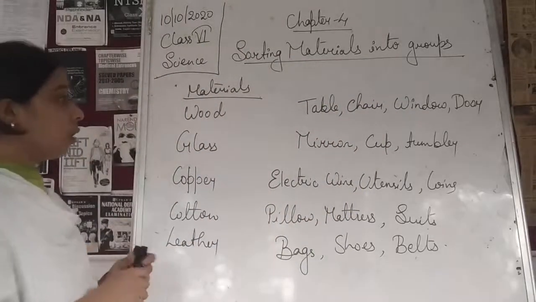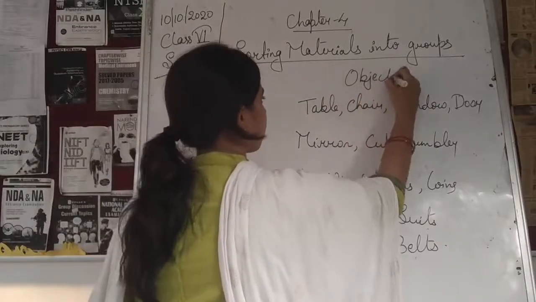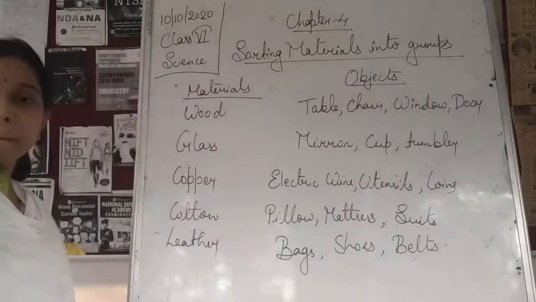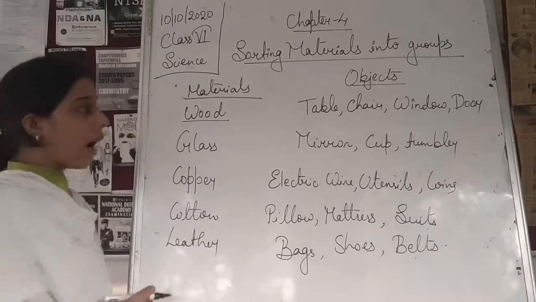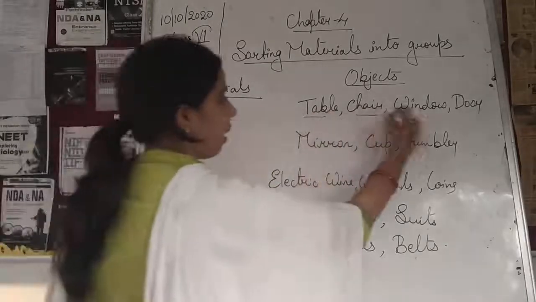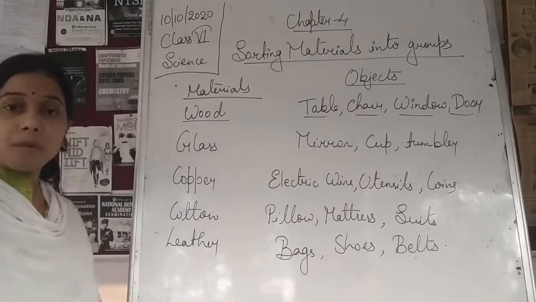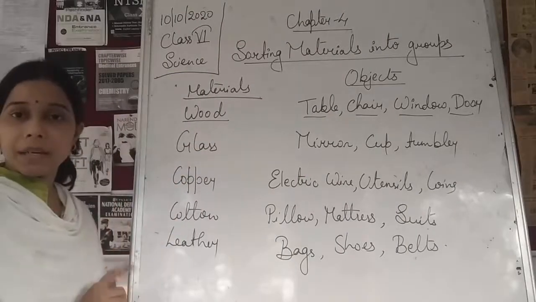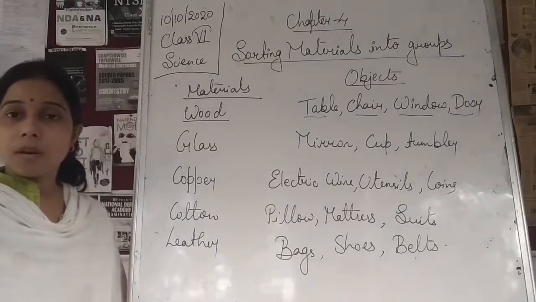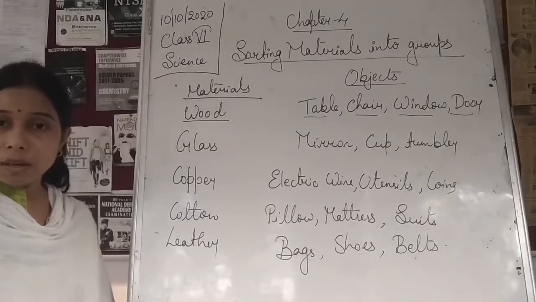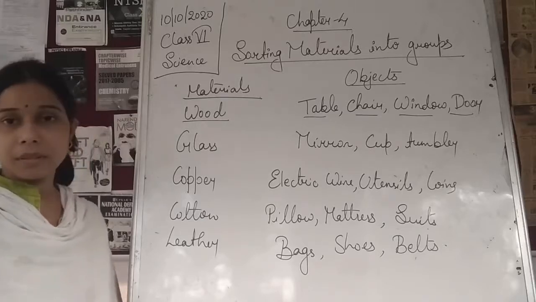So we can write here that these are objects. So you see here, wood is a material, and table, chair, window, door, these all are the objects. So with the help of wood, you can make table, chair, door, window, almirah, a lot of things.